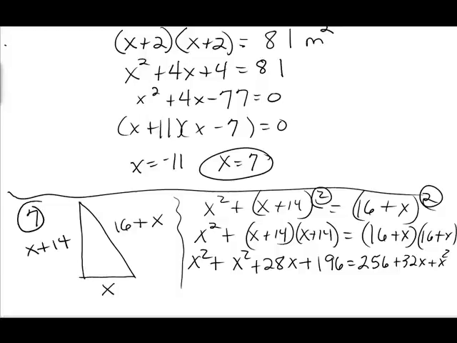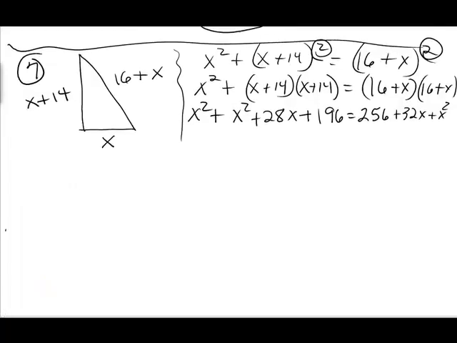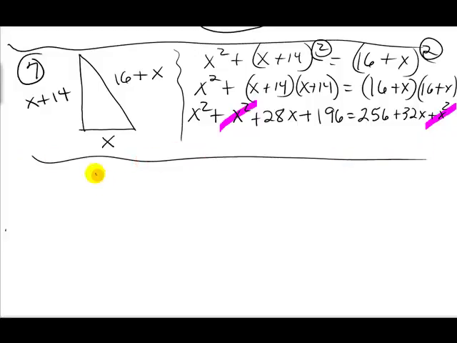Now we need to get it all together on the same side, setting it equal to 0. One of these are going to cancel. So I'll be left with x squared. I'll put the x's together, but remember I'm subtracting this one.